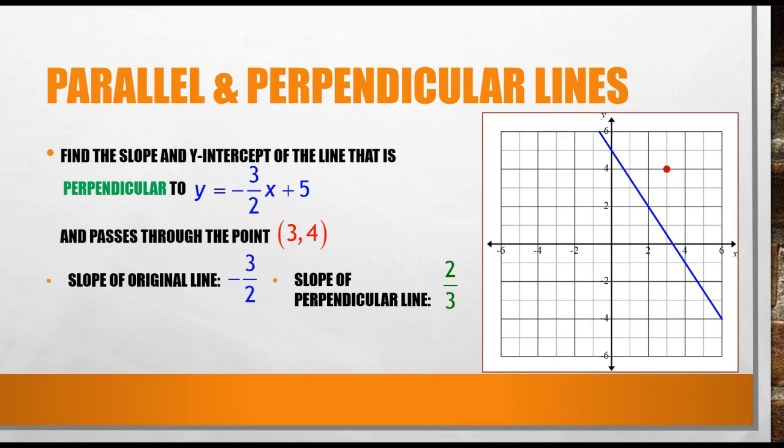So that's what I'm going to do. And there's my y-intercept. So my y-intercept is at 0, -2. So there would be the line that is perpendicular to y equals -3 halves x plus 5. And now we have our new slope and our new y-intercept.